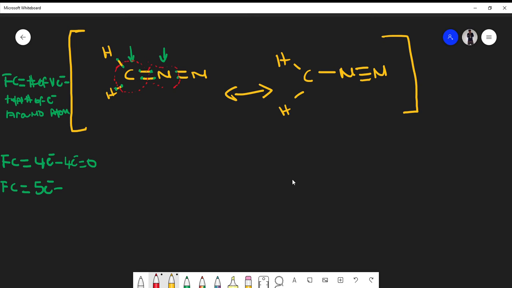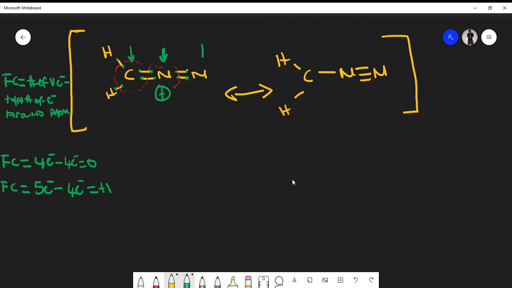Even though there are 2 other electrons that pertain to this other nitrogen, and let me do it in green, we do not count them because we're looking at this nitrogen. So in other words, this would be 5 minus 4, and this would actually be a plus 1. So we say that the formal charge on this nitrogen is plus 1.